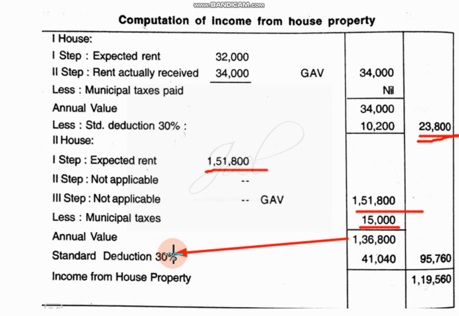So 30% standard deduction on annual value will be 41,040. When you deduct it, you will get 95,760. That is income from house 2, 95,760. When you total both the items, you will get the final answer, that is 1,19,560. So this is the thing.